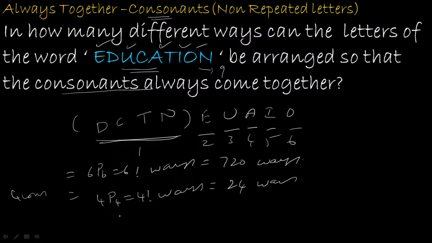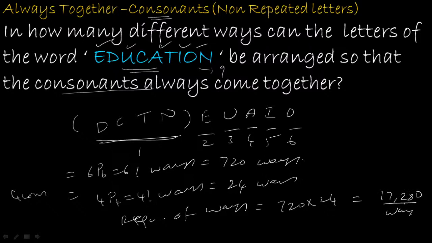So the required number of ways, that is the total number of arrangements with all these together, is 720 times 24, that is 17,280. So these are all the different possible arrangements. Now for these two I will give you one example for your self-test. Take the word judge.